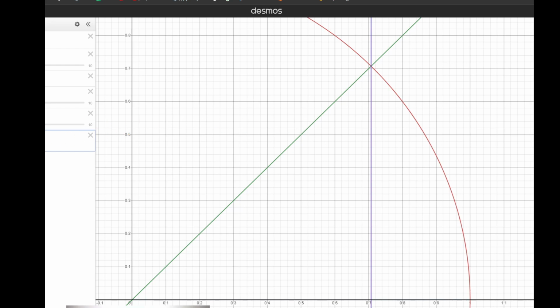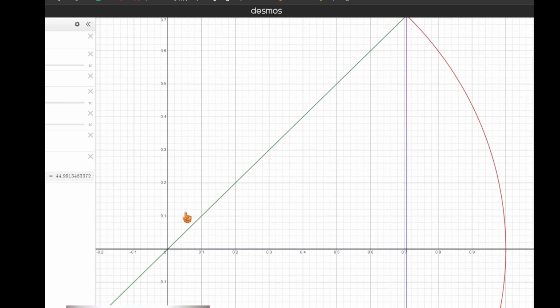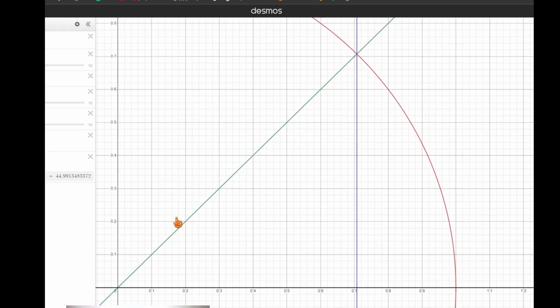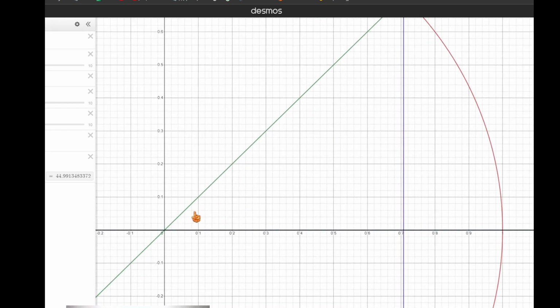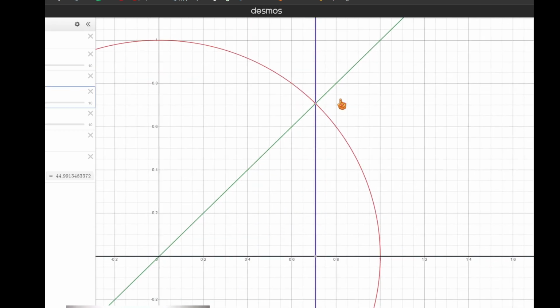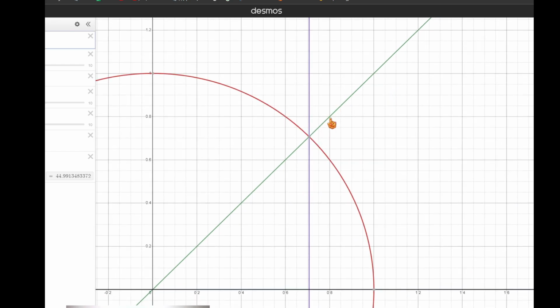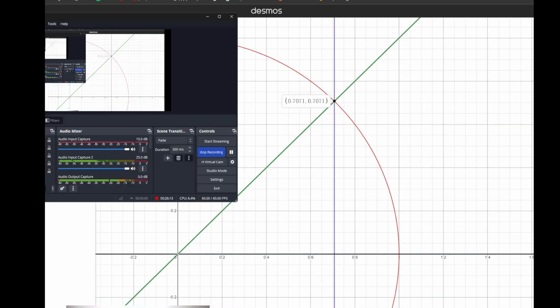Now, to find the angle, all you have to do is do the reverse sine, which is denoted like that, of 0.707 over 1, which is around 44 degrees, 45 degrees. So that pretty much checks out. If it's confusing, my bad, gang. I think I'm on something right now.